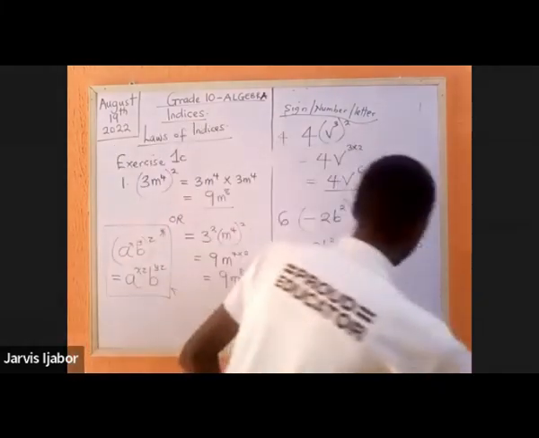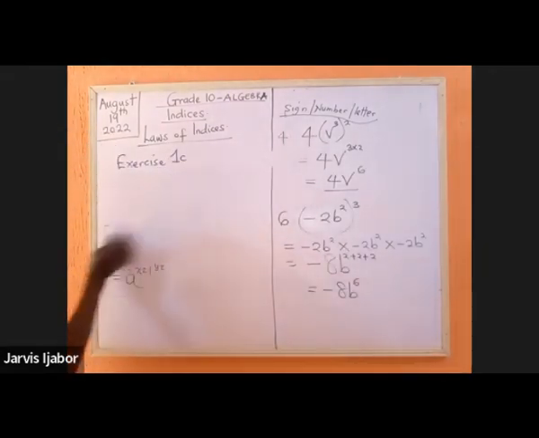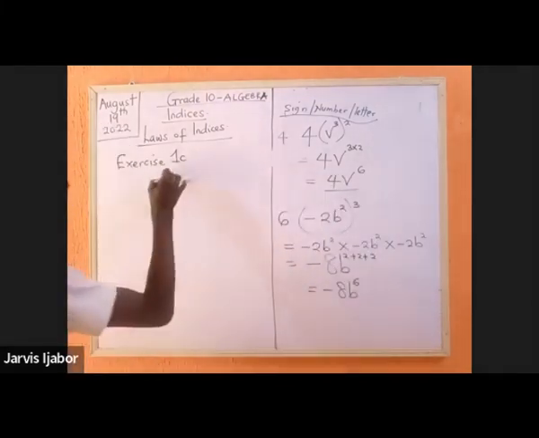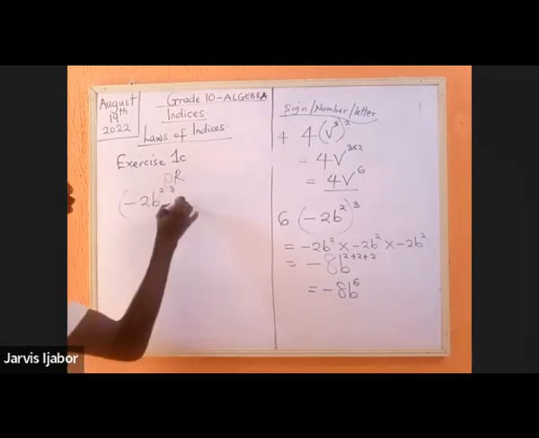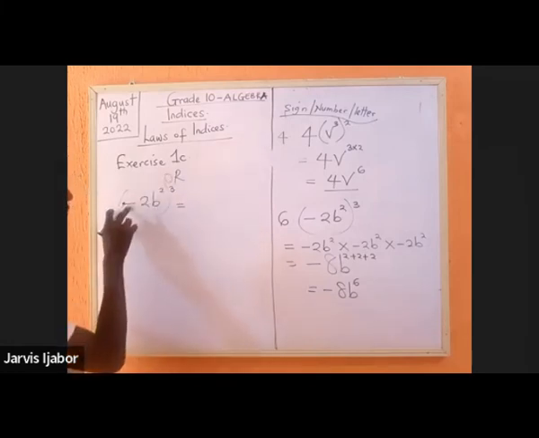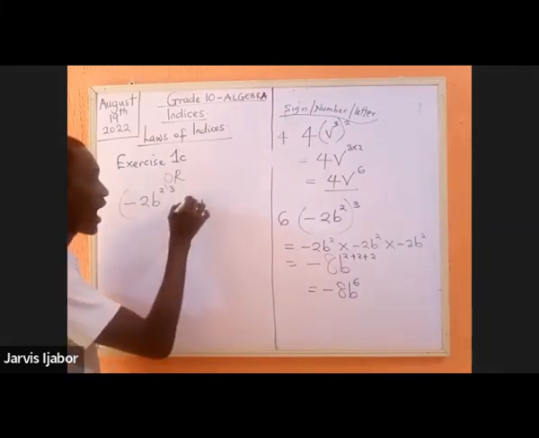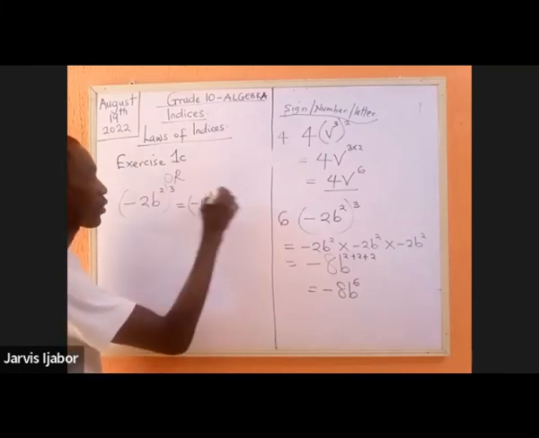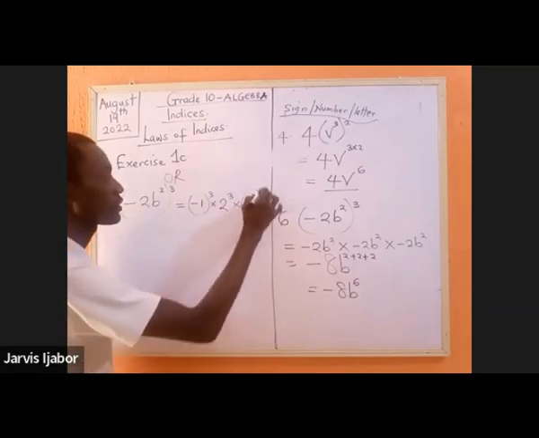Now let's try another idea. Still on that one, let's now try what the rules expect you to take note of. Let's use another method. This will mean that when you see negative, negative 1 has occurred 3 times, 2 has occurred 3 times, and b squared has occurred 3 times.